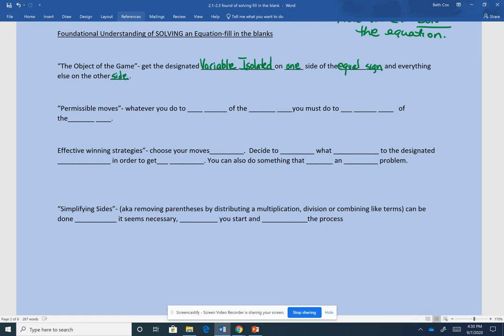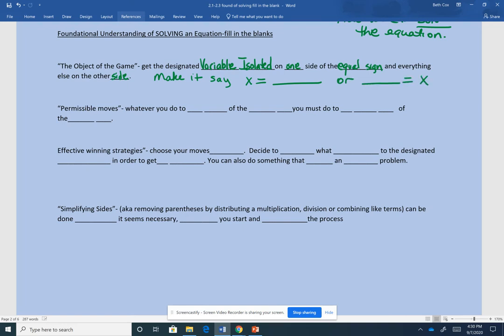Okay, and so that's the object of the game, to get the designated variable isolated on one side of the equal sign and everything else on the other side. So if your variable is x, that means make it look like this: x equals something, or something equals x.